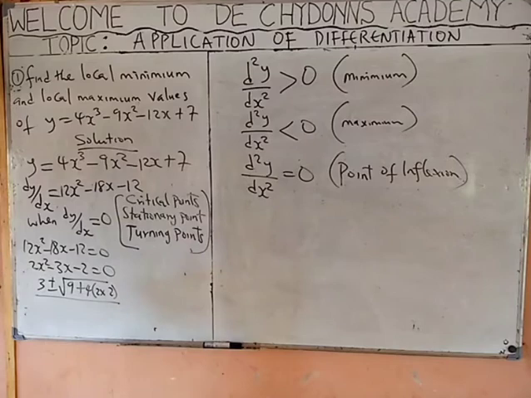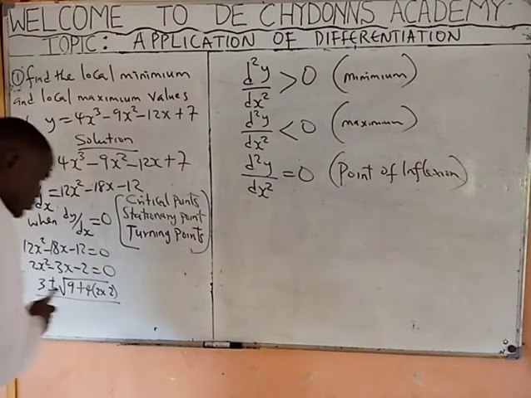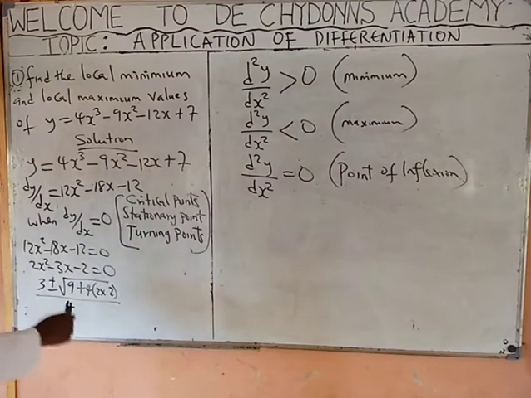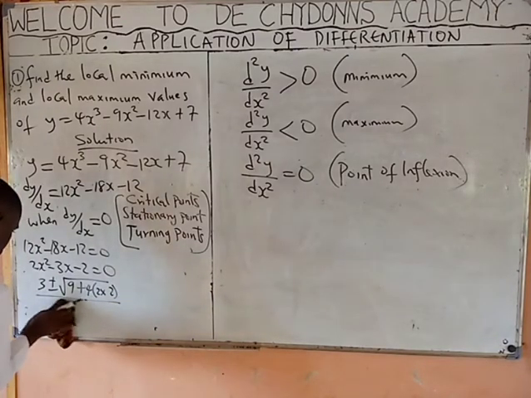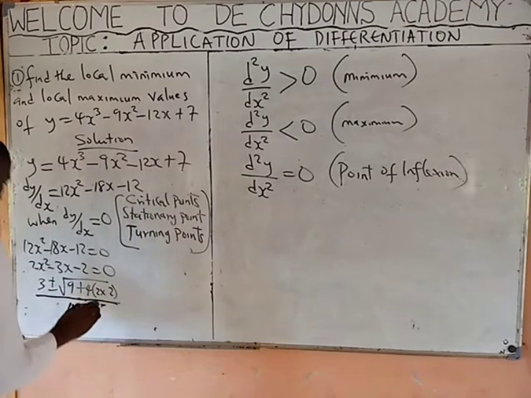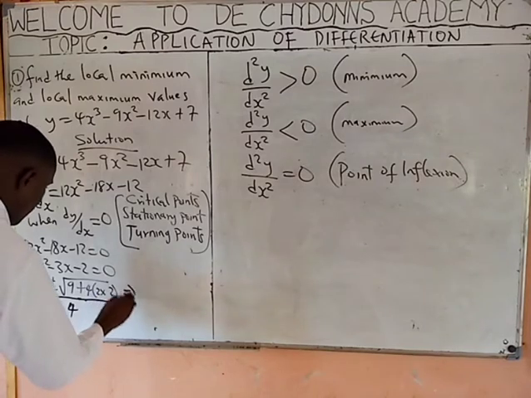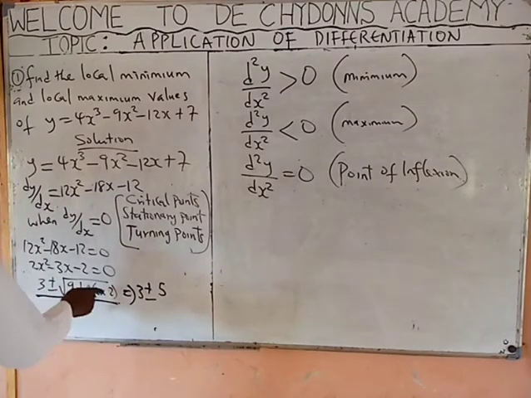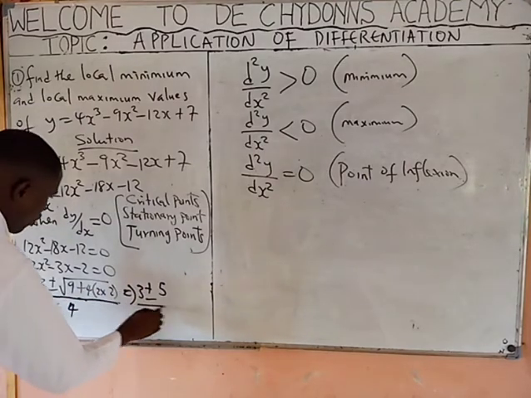The square root of 25 is 5, all over 2a, which is 4.